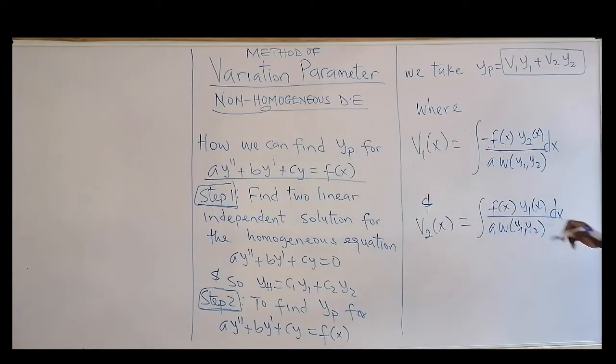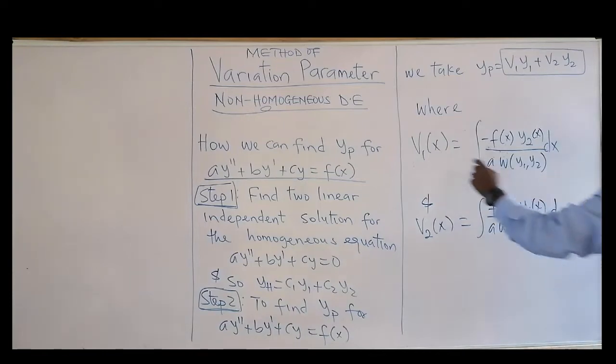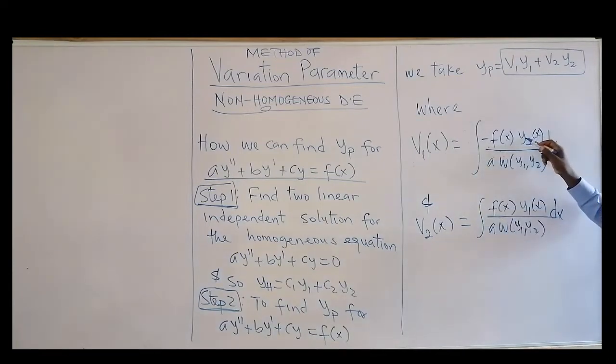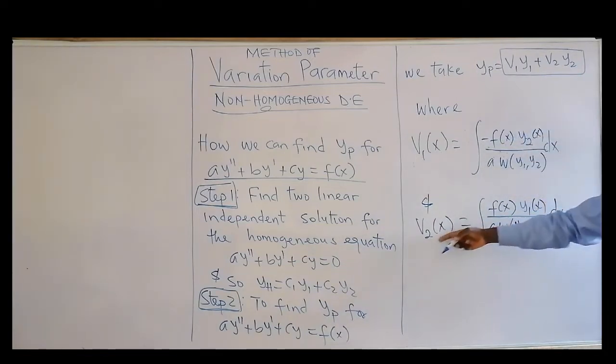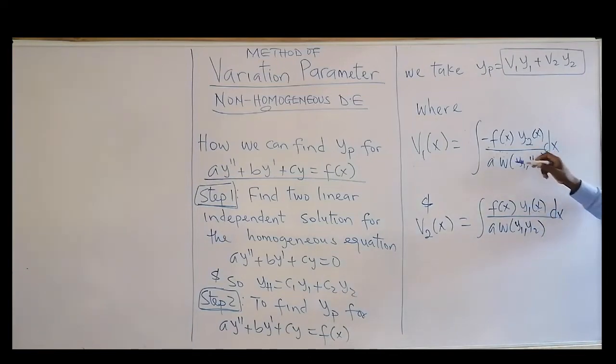Don't forget, when you're talking of v1, you have y2 here, and f of x is involved in both equations. When you're talking of v2, it will be y1. The Wronskian value is the same in both v1 and v2.